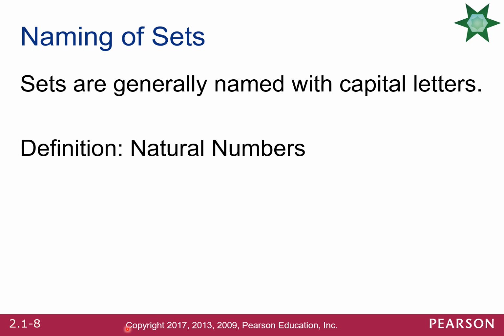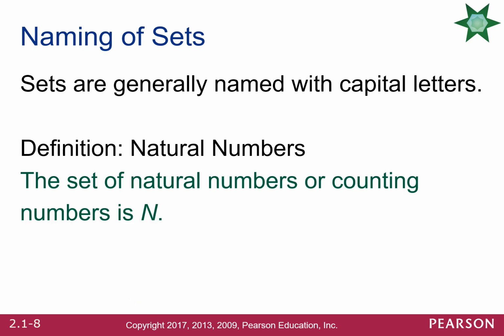So to define natural numbers, we write it in description form first. It says the set of natural numbers or counting numbers is N. All right, so we name it as N, an uppercase N in capital letter, and then we can write it in roster form, or we can also use the description form.